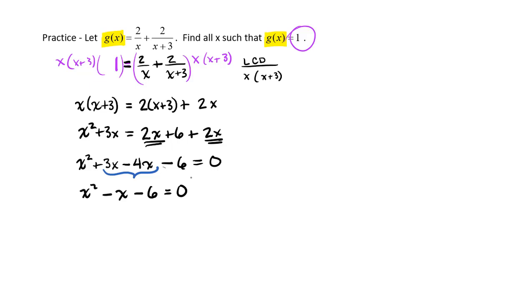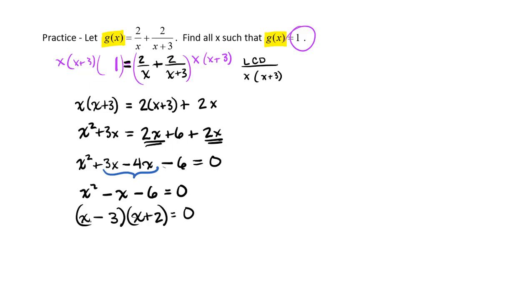Now, I could check first, and you should always do this, check to see if you have any factoring that you can do before you use the quadratic formula. It might come out nice. You never know. So give it a try first. I'm going to try (x minus 3)(x plus 2).